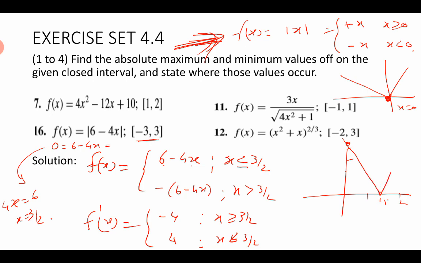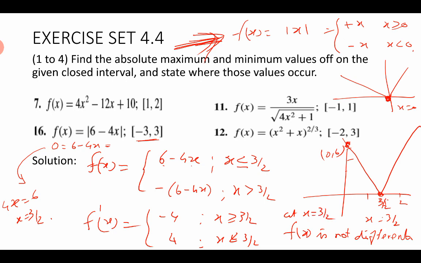This is a curve going like this, where 0, 6 is the y intercept and 3 over 2 is the x intercept. So at x equal to 3 by 2, there is a sharp edge, so f of x is not differentiable at x is equal to 3 over 2. So the only critical point is x equal to 3 over 2.